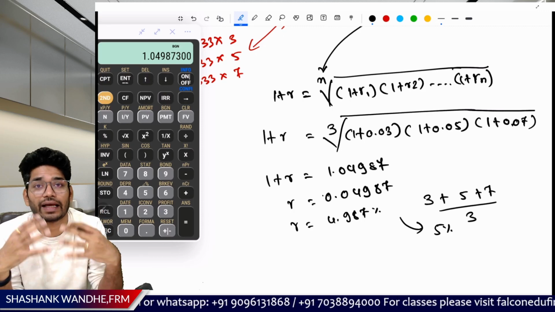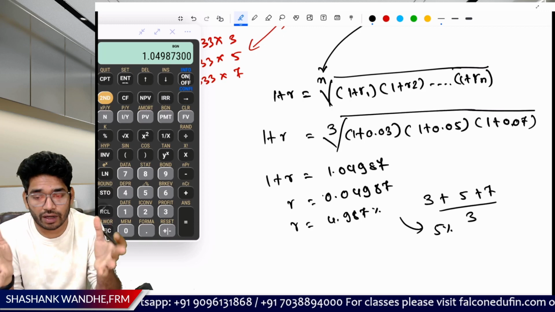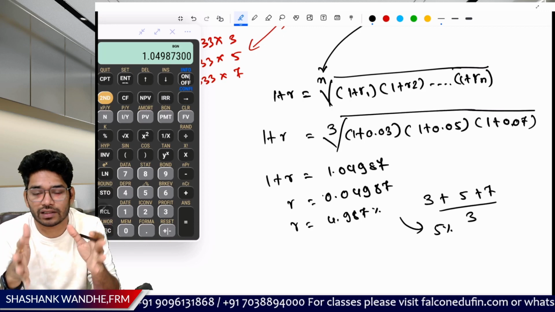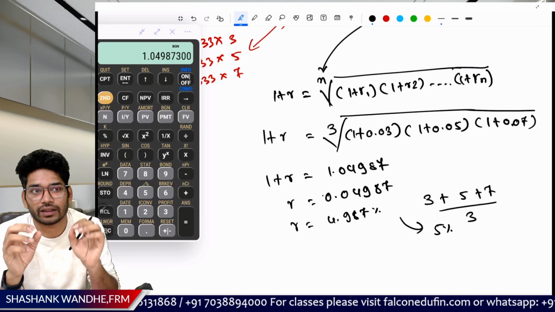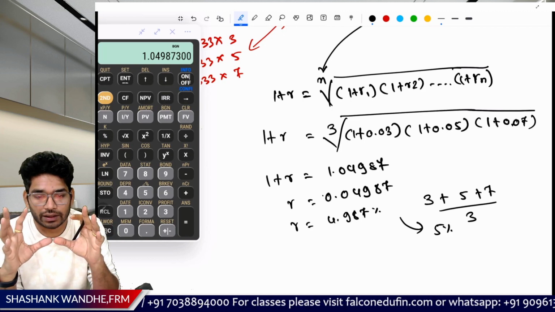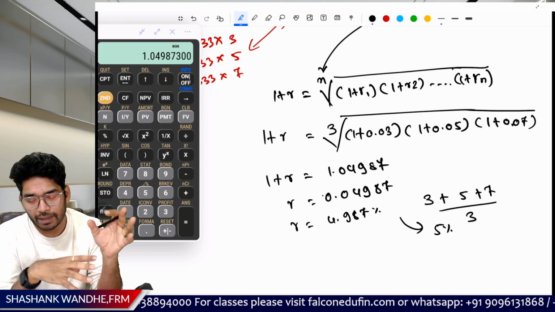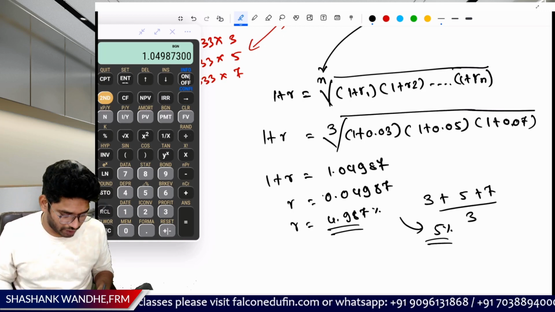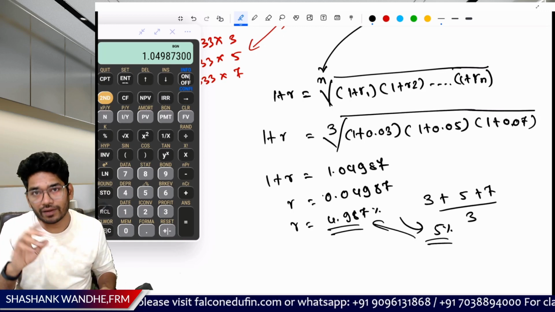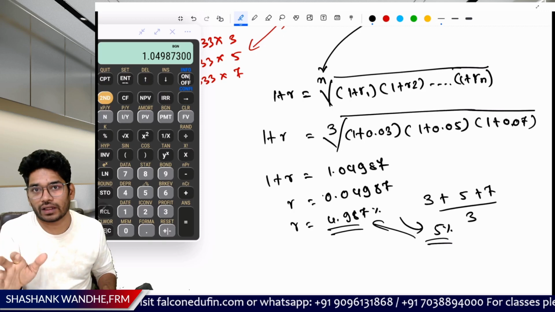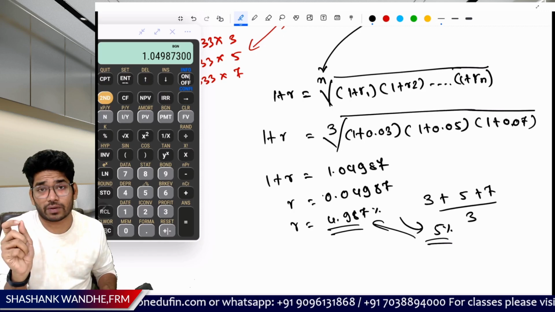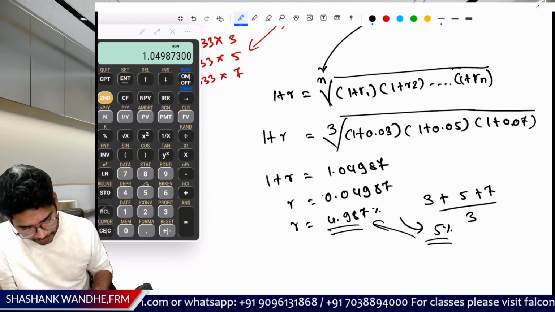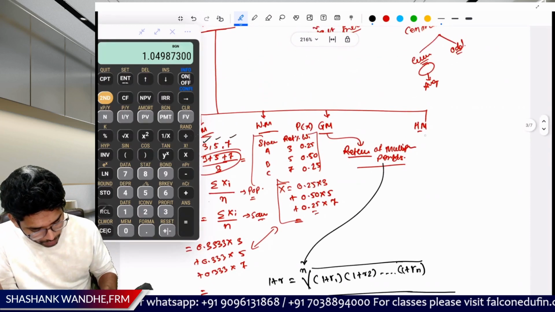This is only in case of urgency, assuming you don't have enough time in your exam. The difference is very small between the two, but the geometric mean is more accurate and is used in the specific case of returns over multiple periods, to calculate the average return of multiple periods. Then we have the harmonic mean.